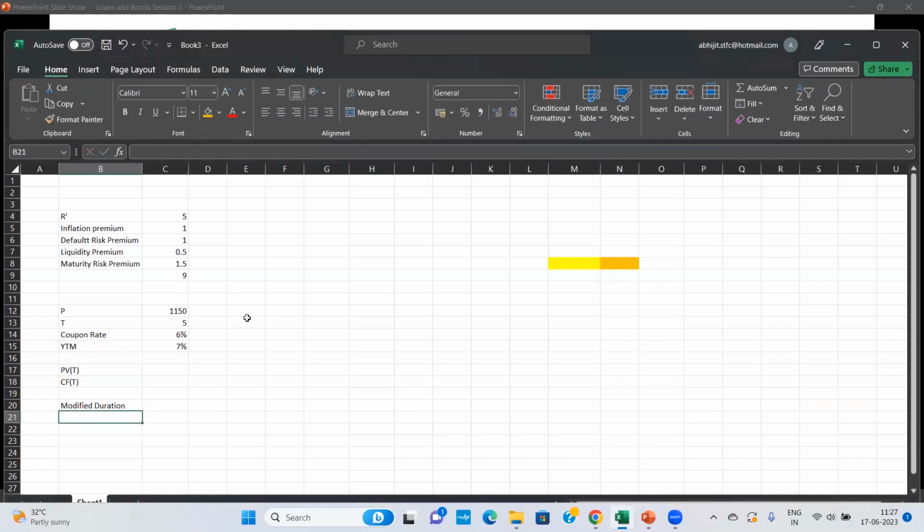Up to this much you do, 10 minutes is given. Find it out and then we will find out price value of basis point. Clear, guys? Clear to everyone?